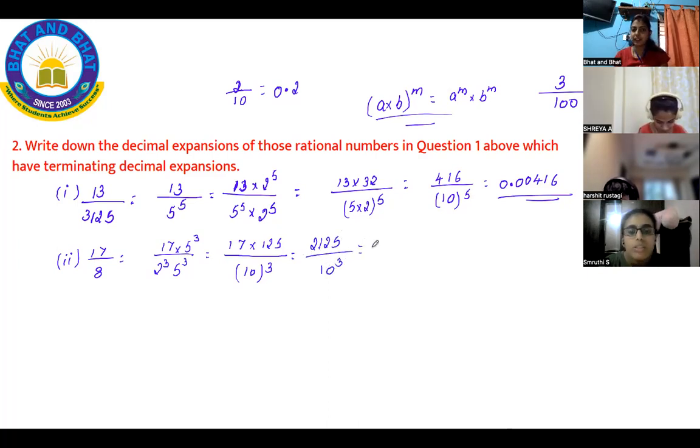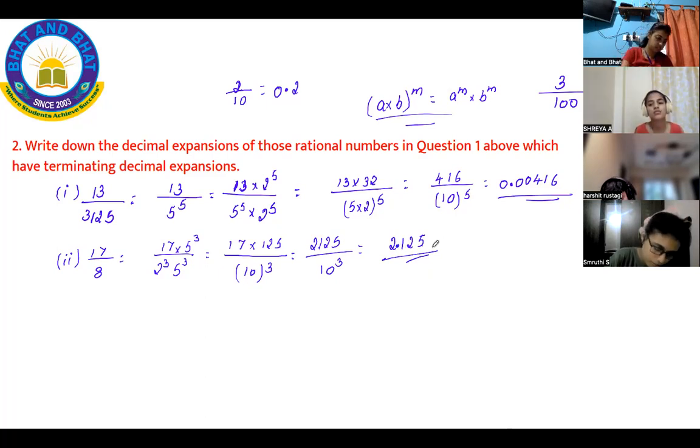So now write the numerator as it is, 2, 1, 2, 5. Now, after how many numbers? 10 raised to 3 means how many zeros are there? 3 zeros. So after 3 digits, 1, 2, 3, it is 2.125. Did you get the same answer, Harshit? Yes, ma'am. Okay, good.